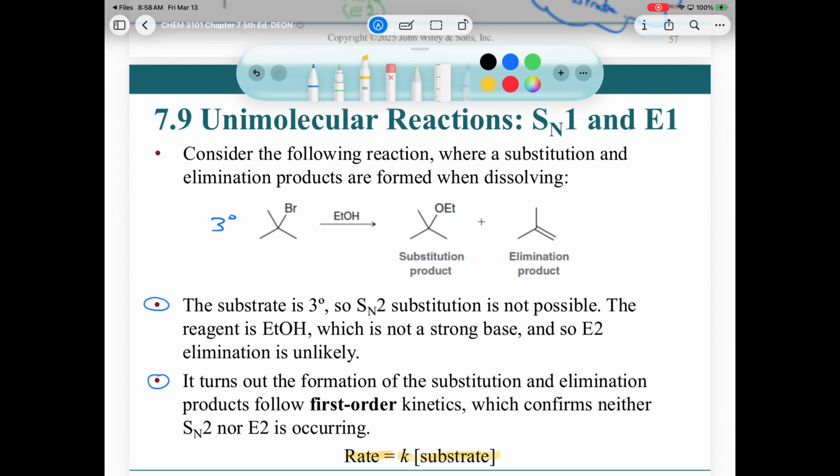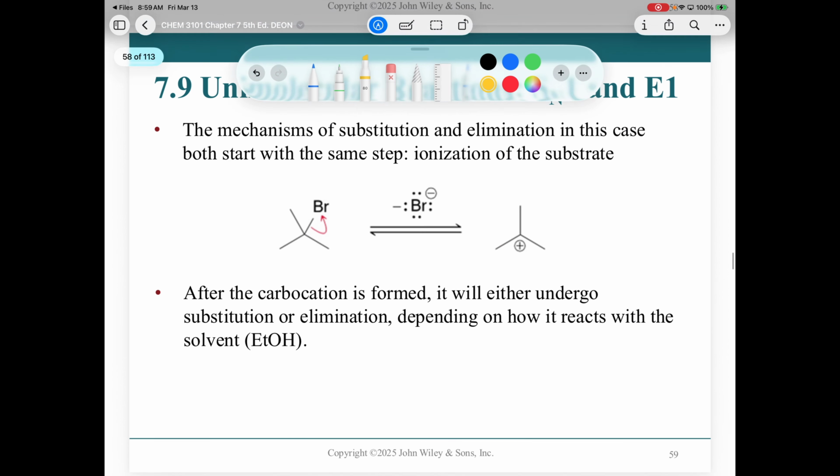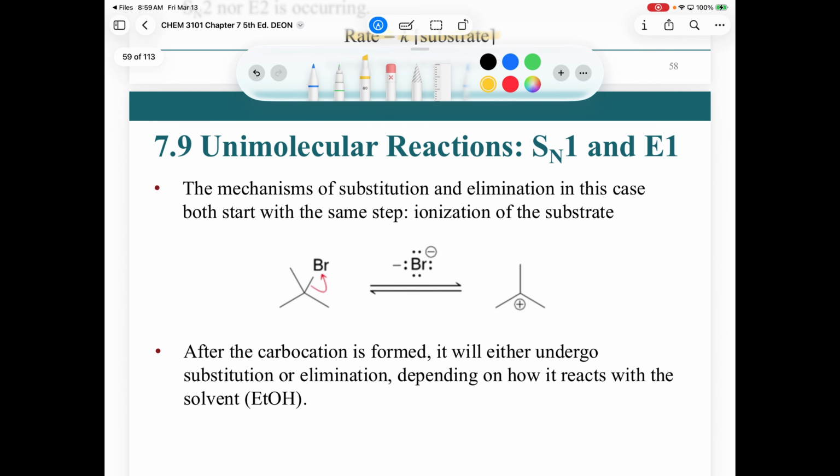You can forget about the solvent. The solvent is not going to affect anything, whether it's concentrated or dilute. It's going to react at the same rate. The concentration of the substrate matters, but the concentration of your ethanol is not going to matter.